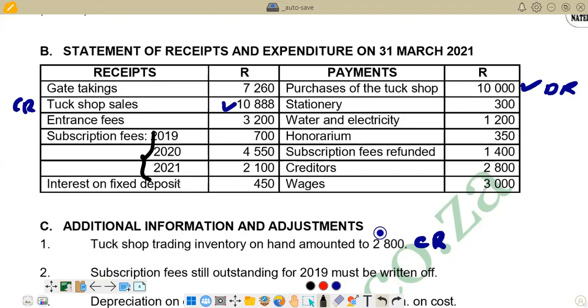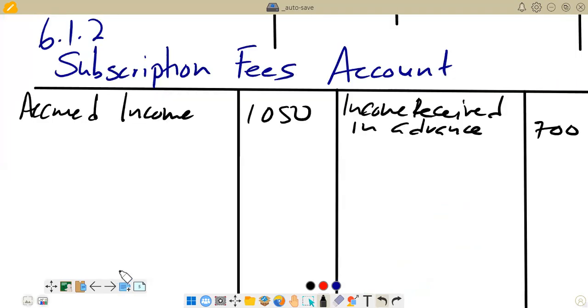And then obviously the corresponding entry in terms of our double entry goes on the debit side of the bank account. Because you are receiving, you are debiting bank, then you credit the subscription fees account. So we put all of them on the credit side of subscription fees account for 2019, 2020, 2021. So we go back to our answer section.